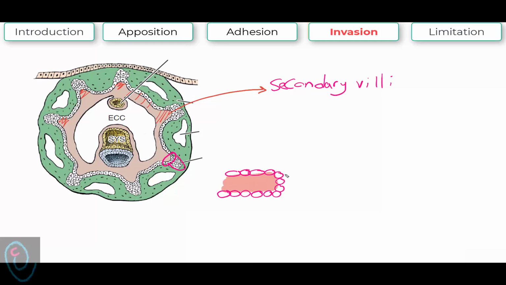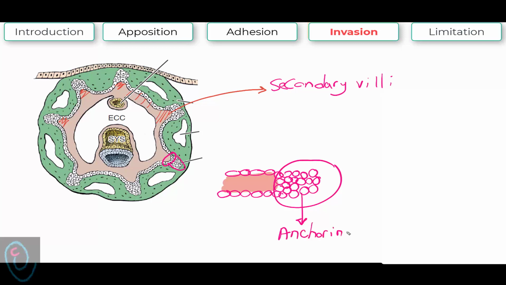At the tip of the villus, cytotrophoblast will continue to proliferate, forming more layers of cytotrophoblasts, not invaded by mesoderm. These are called columns of cytotrophoblast, and they form the anchoring villi.